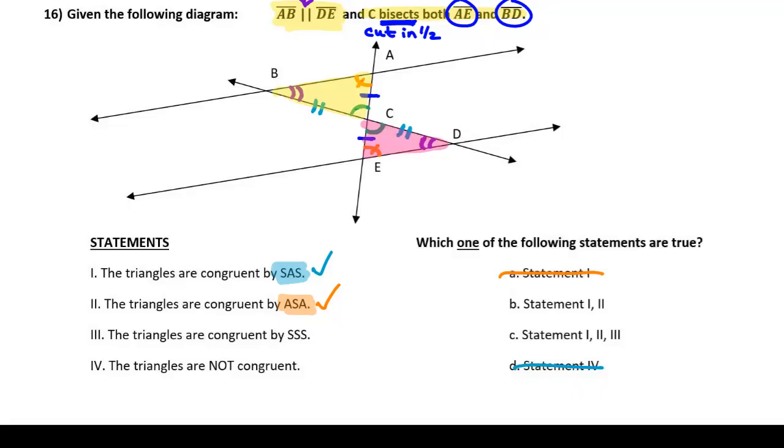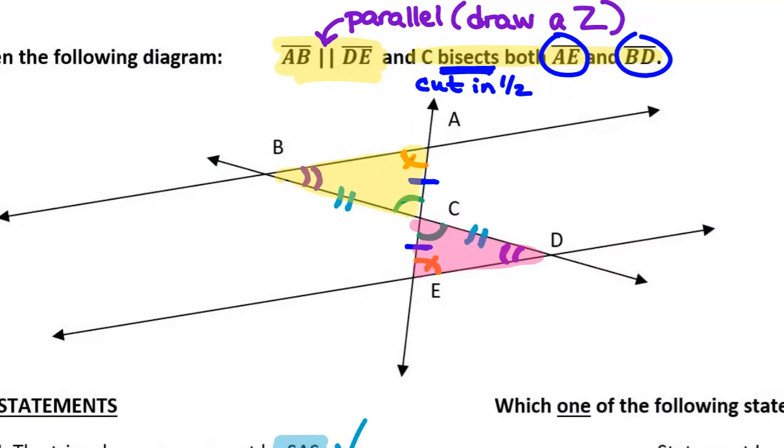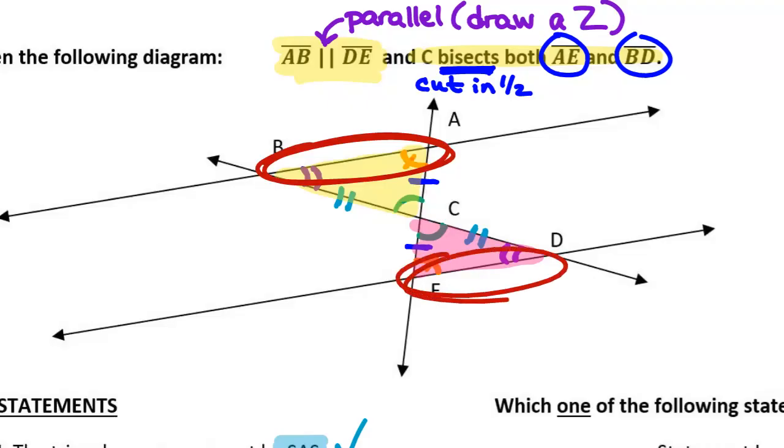Let's go check out statement 3. Statement 3 says that we could use side, side, side for these two triangles. Can I use side, side, side? Which side doesn't have a marking on it? AB doesn't have a marking. DE doesn't have a marking. I can't do side, side, side because I have this pair of sides that's not matched up.